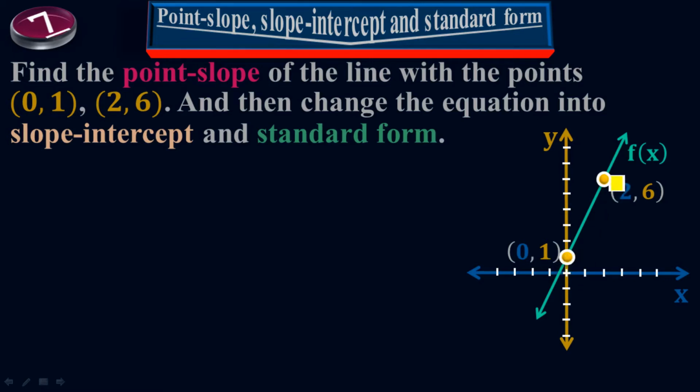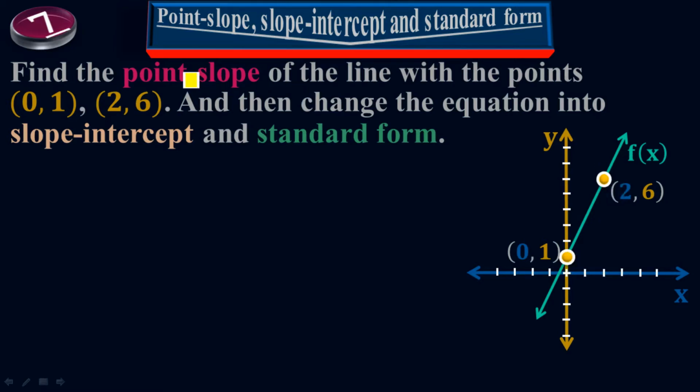Here, x equals 2 and y equals 6: 1, 2, 3, 4, 5, 6. This point joins the y-axis at 6 and the x-axis at 2. Similarly, the other point has x at 0 and y at 1 here.